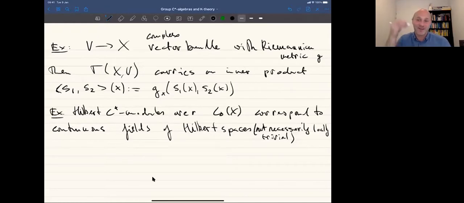So if I have a Hilbert C-star module that is over a unital algebra that is finitely generated, then it's automatically projective. So if I have a compact space and I have a finitely generated Hilbert module, then I know it's projective. Then the Serre-Swan theorem tells me that there is a vector bundle of which this is the sections. And then you get to the first example that I discussed here.